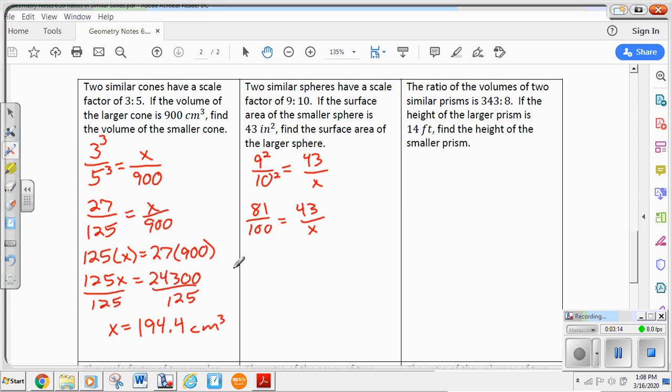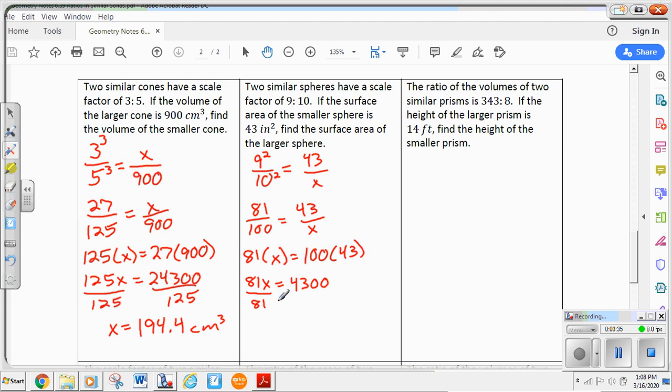Now cross multiply and solve. 81 times x equals 100 times 43. 81 times x is 81x. 100 times 43 is 4,300.